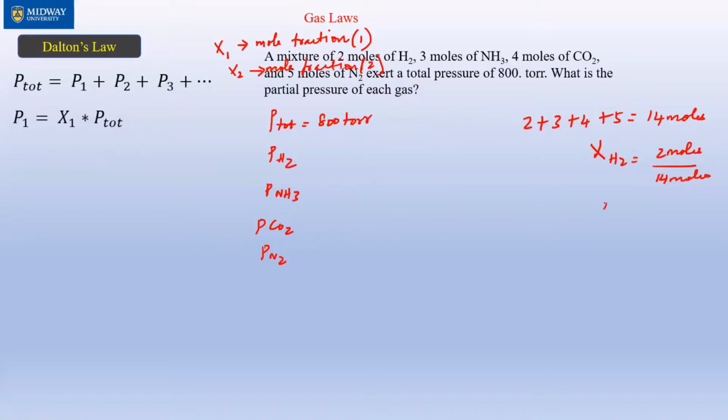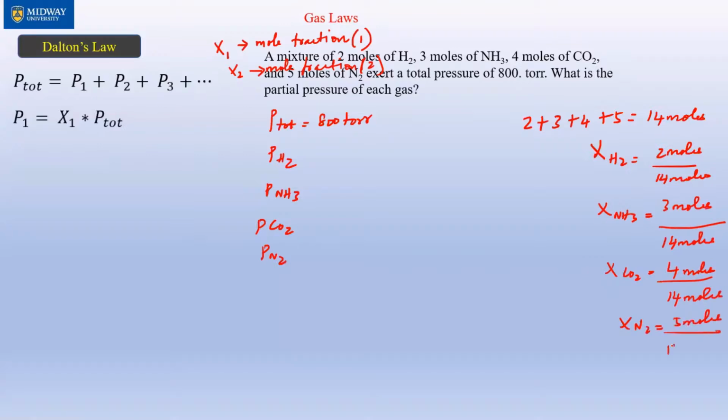To find the mole fraction of NH3, it's 3 moles over 14. And mole fraction of CO2 would be 4 moles over 14 moles. And mole fraction of N2 is 5 moles over 14 moles.